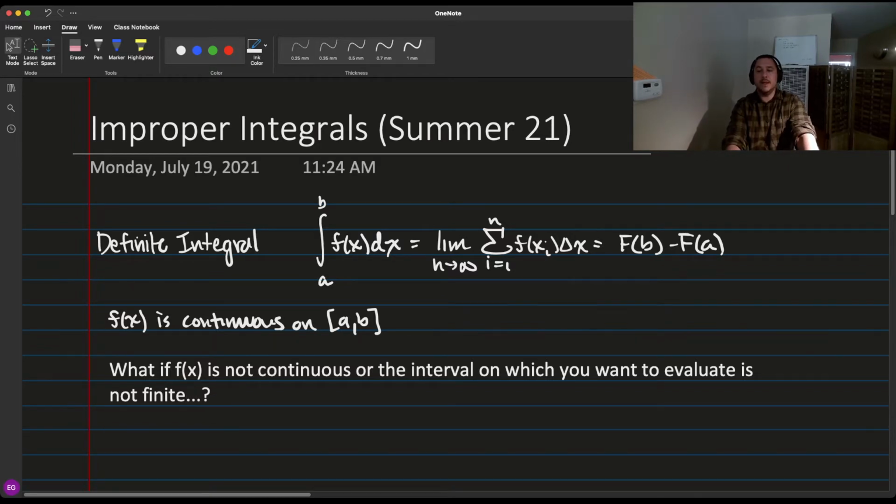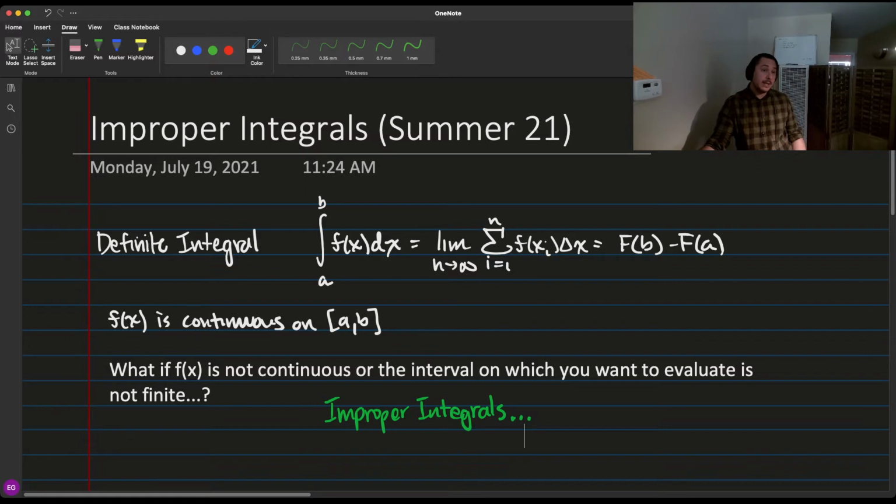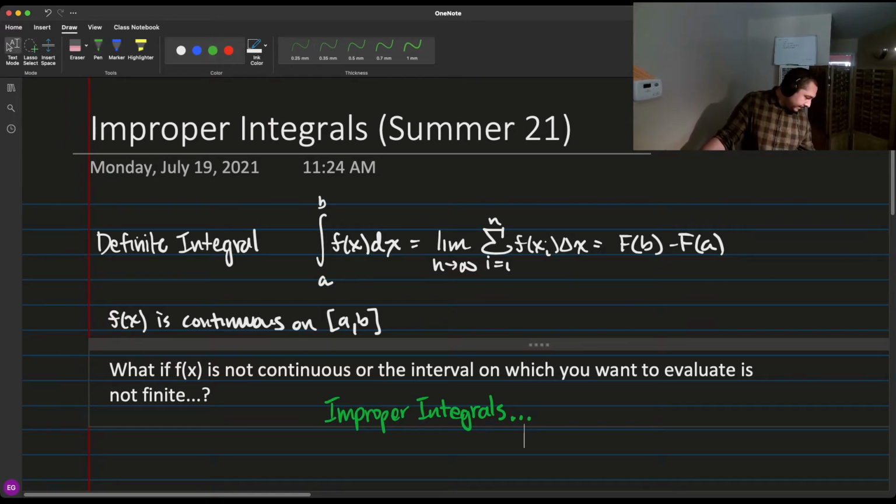That's what makes an improper integral. You have some sort of discontinuity on your interval, or your interval is infinitely long, basically. So I'm going to show you how to do this.